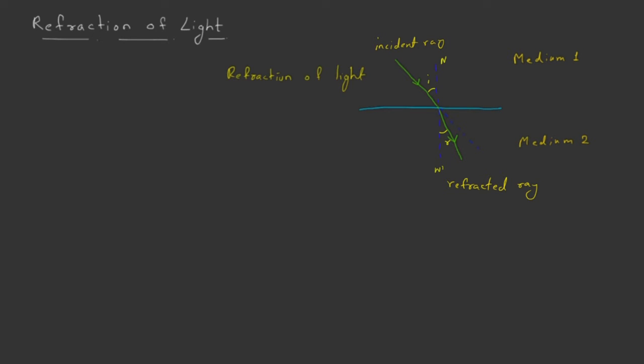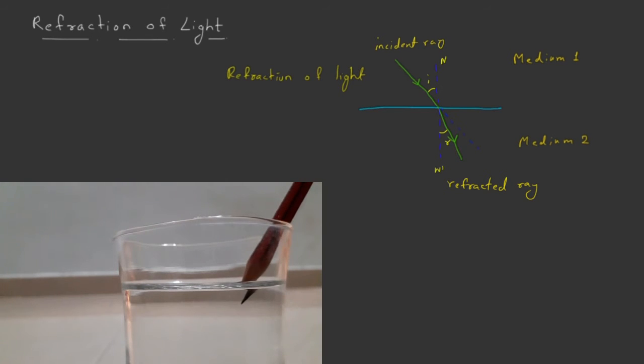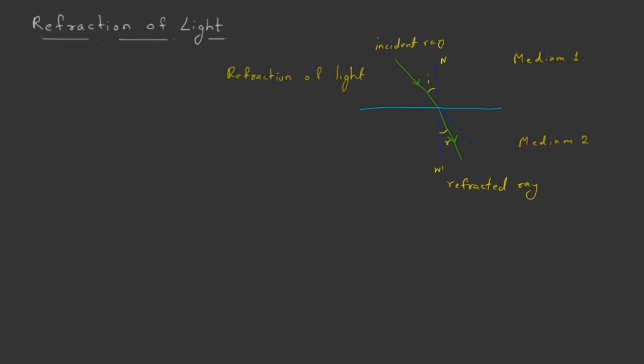One such common example is, you can see a pencil partly immersed in water in a glass tumbler appears to be displaced at the interface of air and water. This is due to the light reaching us from the portion of the pencil inside water seems to come from a different direction. It can be easily understood by an activity, that is the refraction through a rectangular glass slab.